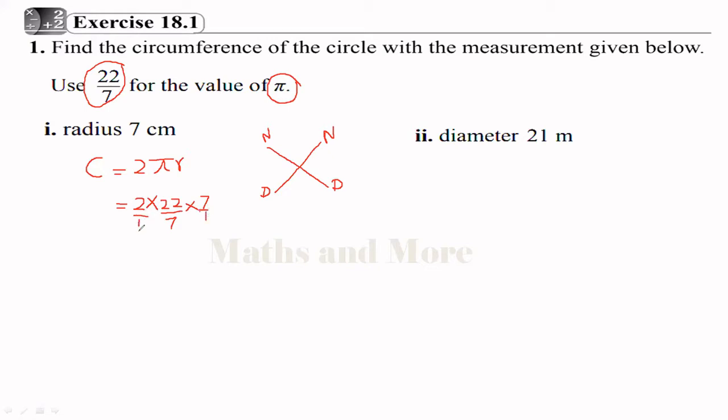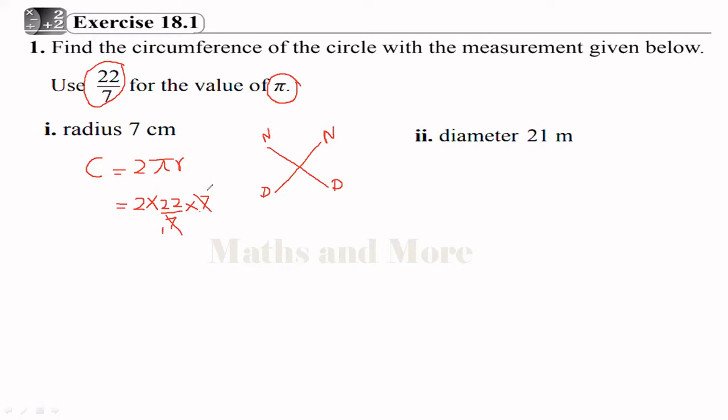No need to put that one, but you have to understand that this 7 is in the numerator, this 22 and 2 are in the numerator, and this 7 is in the denominator. Now we can cut this 7 with this 7, 7 into 1.